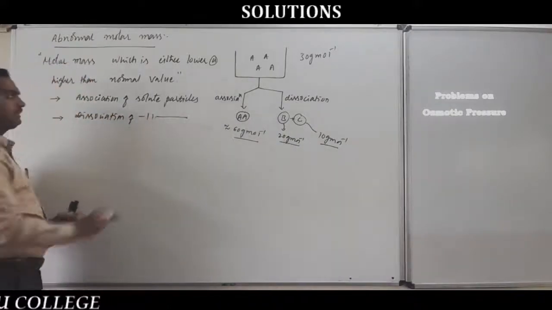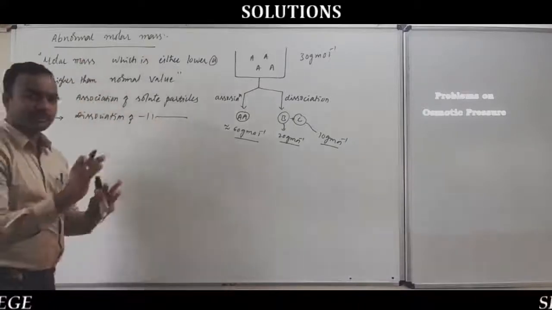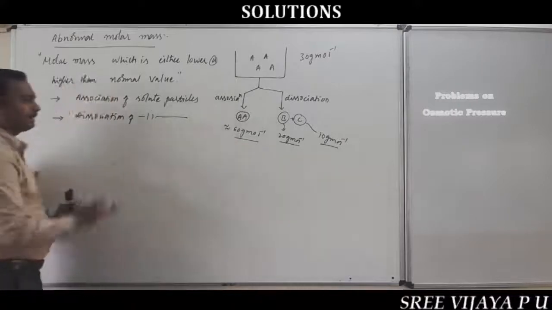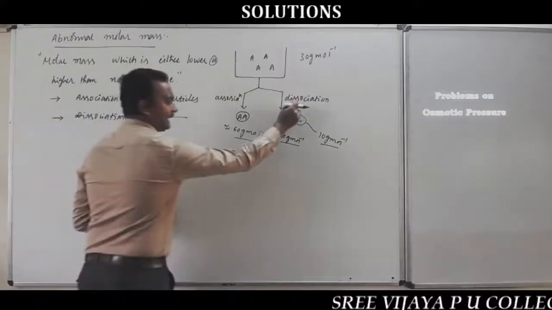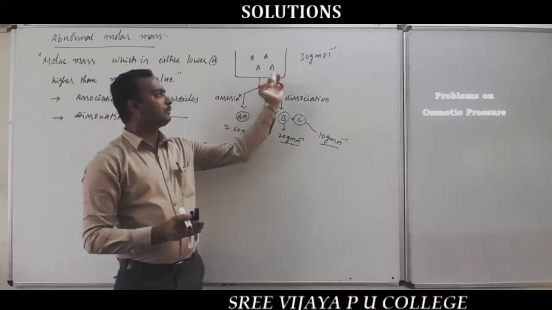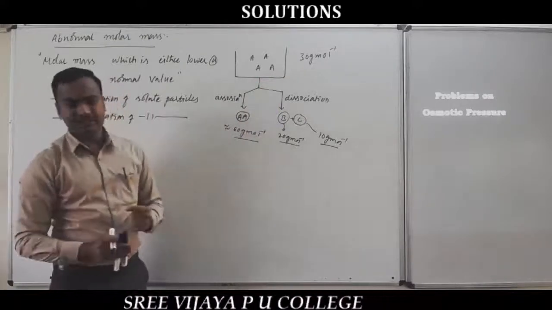A very important thing. Why will the abnormal molar mass occur? Because of the association of solute particles and dissociation of solute particles, already explained with the example. Here normal molar mass is 30 gram per mole before association or dissociation.